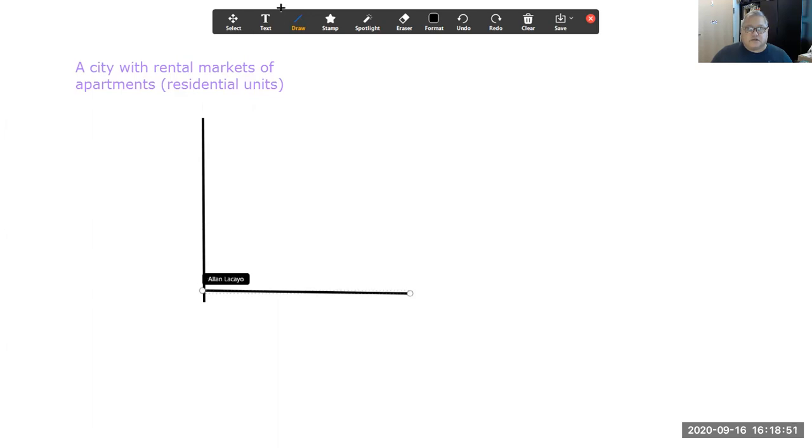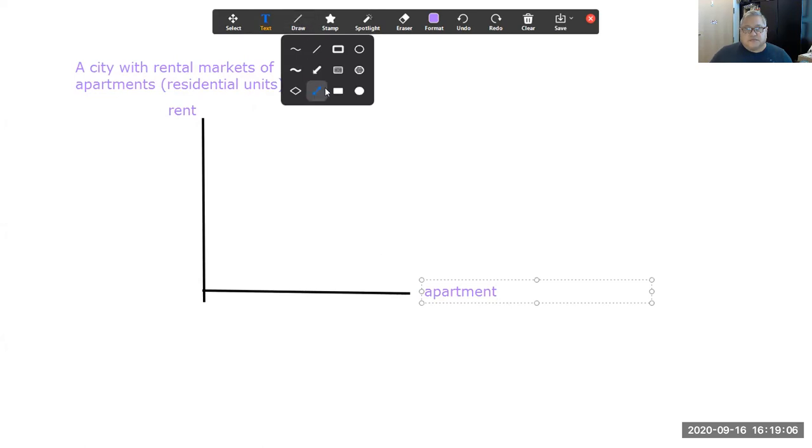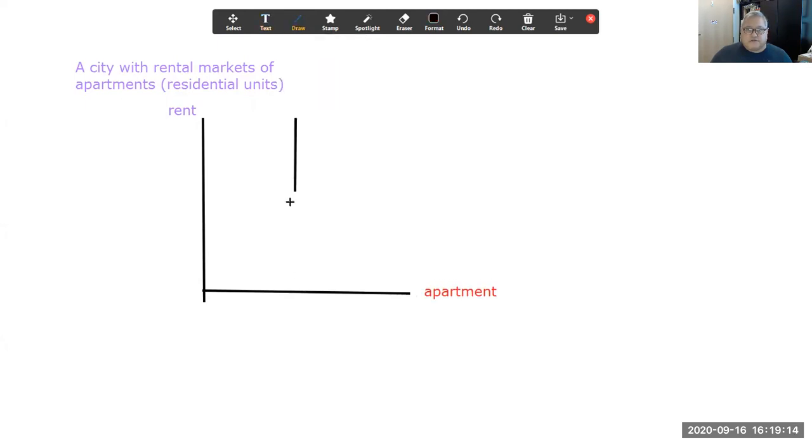So we can call the vertical axis the price or the rent that people pay per unit, and the apartment units would be on the horizontal axis. In this case, the supply of apartments would have a slightly interesting shape. It would be nearly vertical in shape.